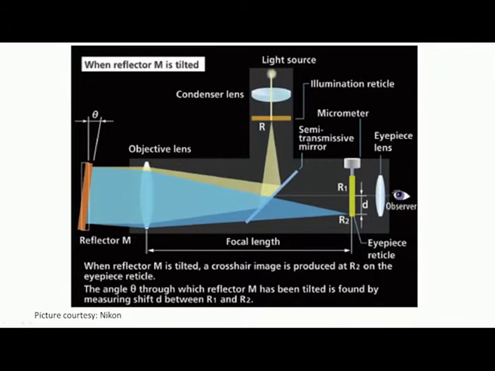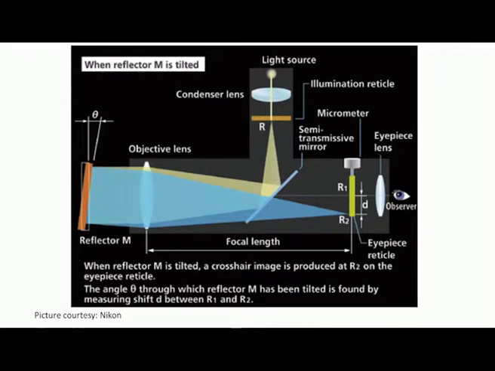Now, this shows the principle of working of autocollimator. You can see we have the eyepiece here, this is the eyepiece lens, and then this is the micrometer.